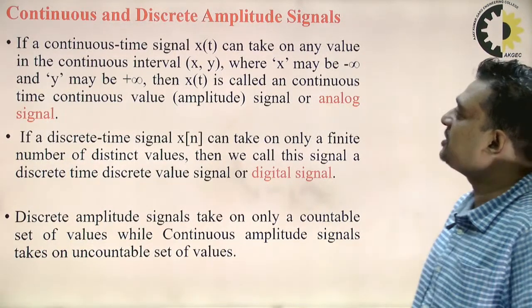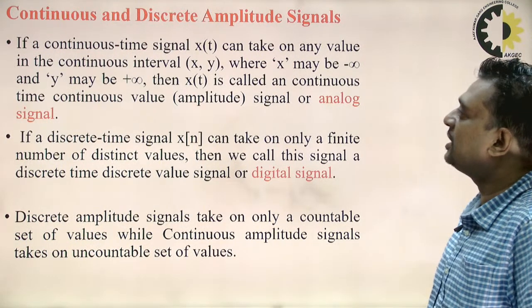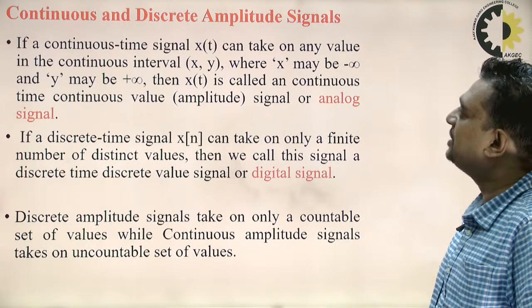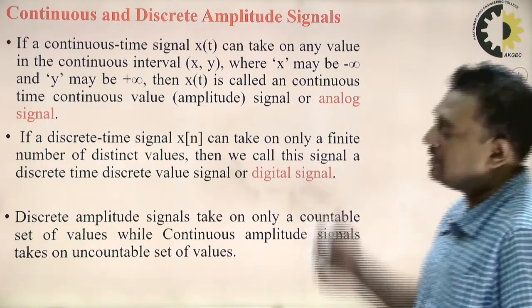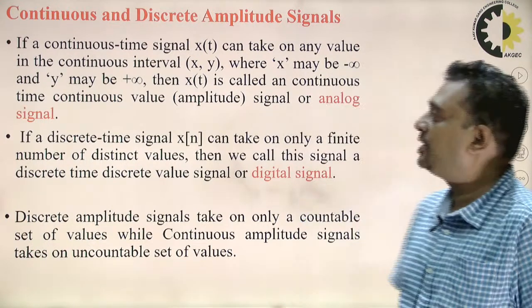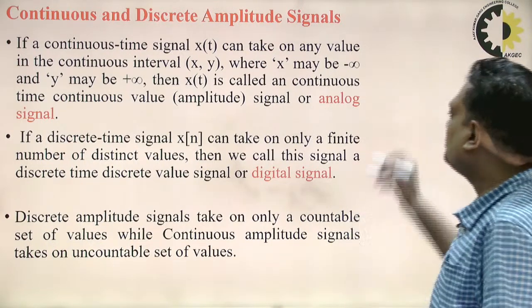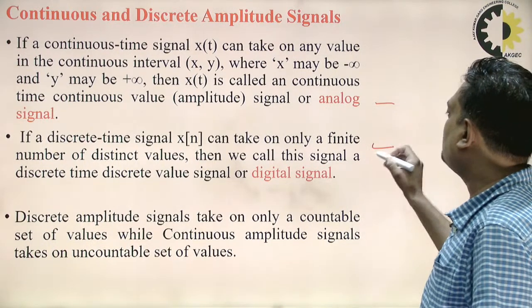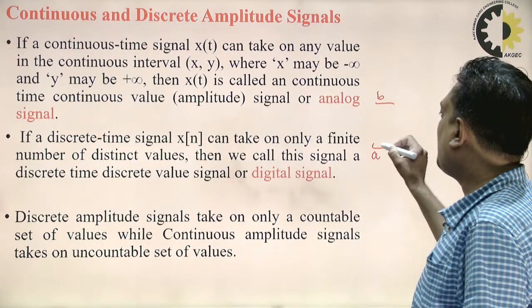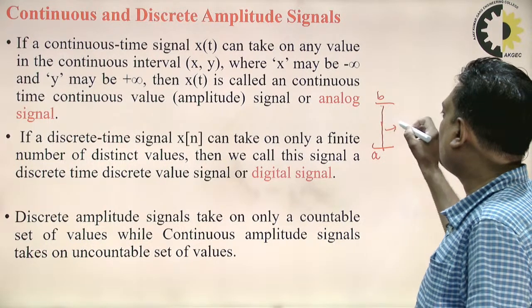Now next is continuous and discrete amplitude signals. Based on this we have continuous and discrete amplitude signals. Now we are talking about the amplitude of the signal, which may be continuous or discrete. Continuous amplitude means within a particular range, let's say this value is a and this value is b, we have values between a and b which are uncountable.